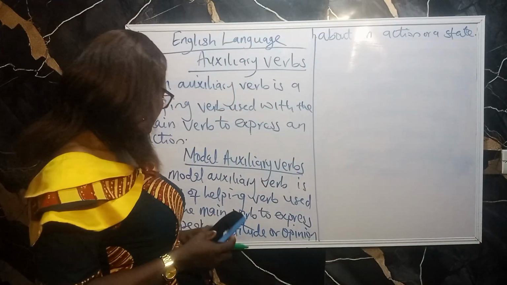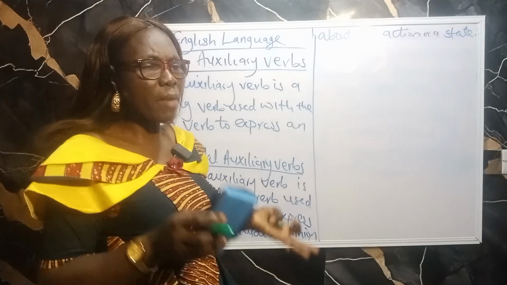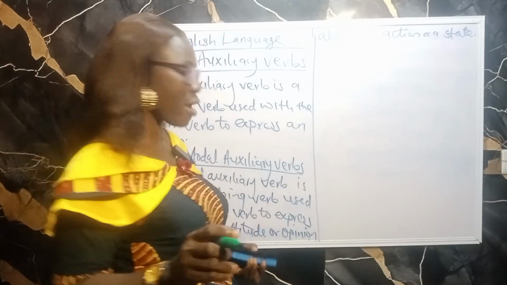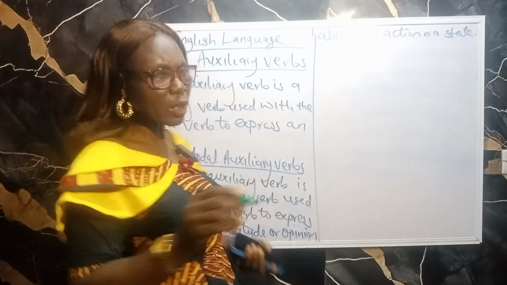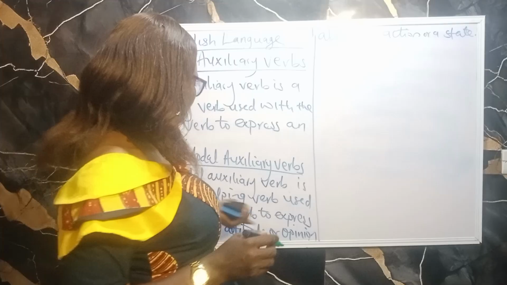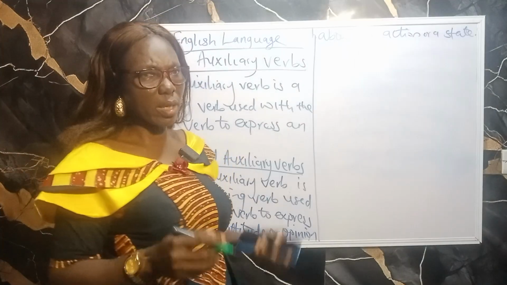Now, we use this modal auxiliary. In fact, the main function of a modal auxiliary is to express modality. And in the modality, we use some concepts to express them.